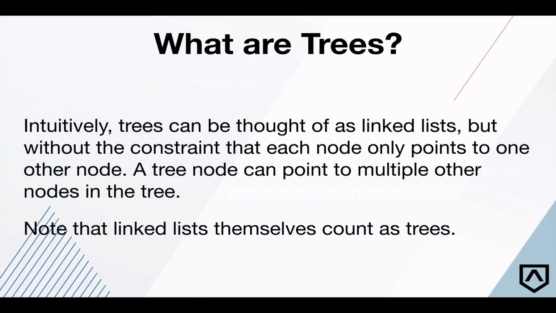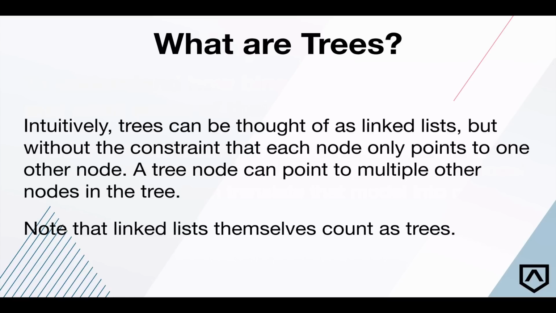So if we recall the structure of a linked list, we would have an initial head node that only pointed to one other node, that next node being the next node in the linked list, and so on and so forth. So every node in a linked list only points to at most one other node. And so intuitively, a tree is a relaxation of this constraint.